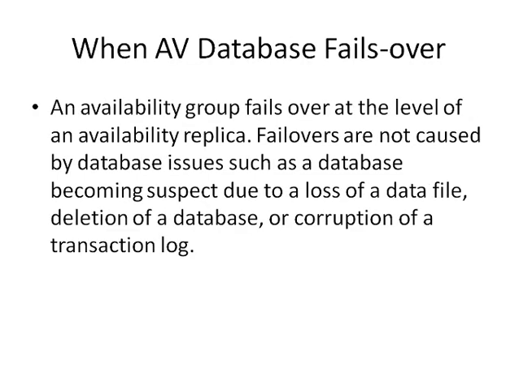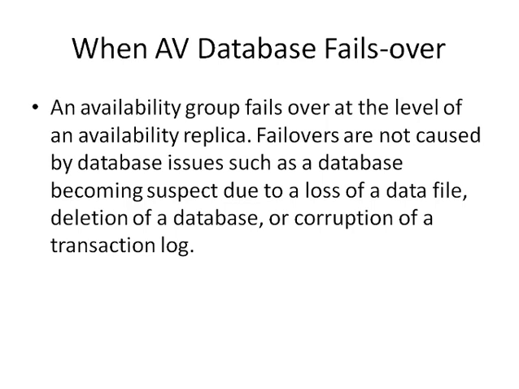So when does an availability group database fail over? This is a bit technical. Is it doing an automatic failover or is it a manual failover? If we configure it to do an automatic failover, in that case, an availability group fails over at the level of the availability replica.